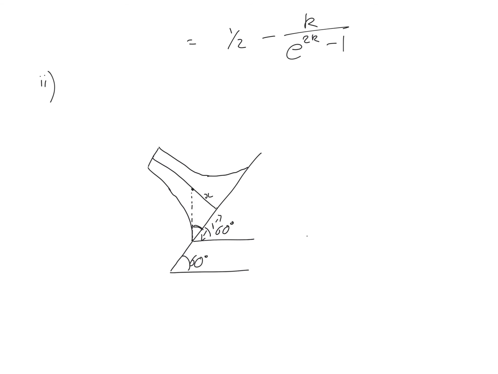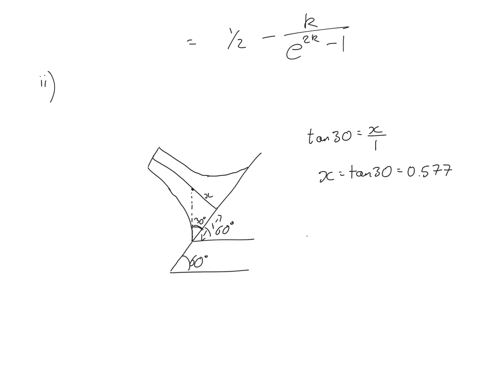We know that this line must be vertical, therefore this one is 30 degrees. And if that one is 30, then we know that tan 30 is x over 1. So x is tan 30, which is 0.577. So, if the centre of mass is further along than x, then it will topple.